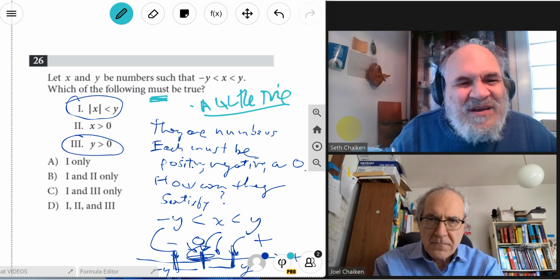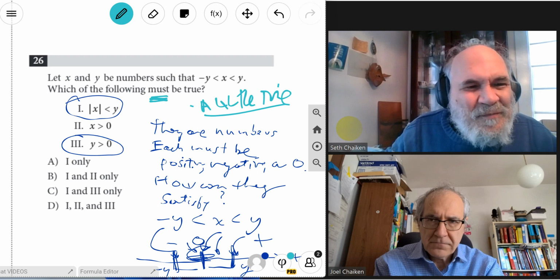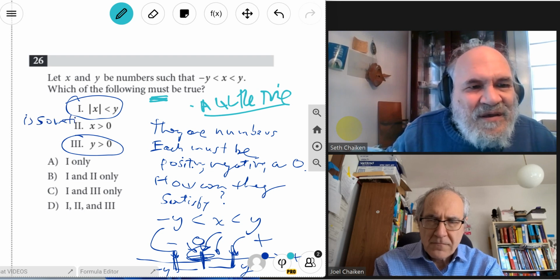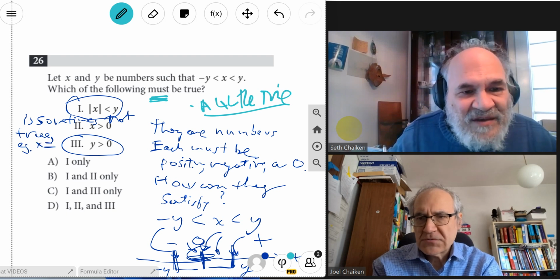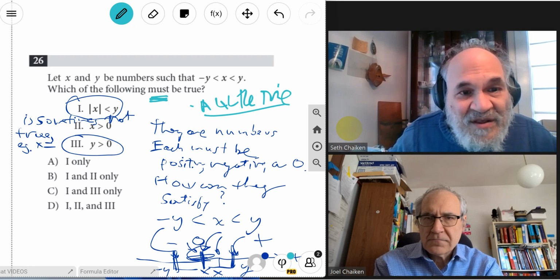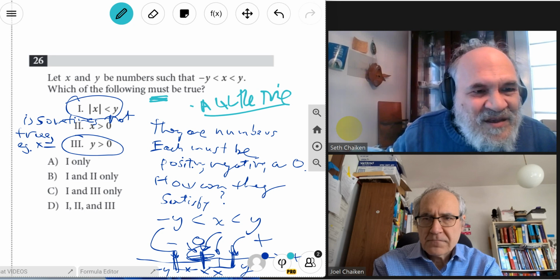This is sometimes not true. For example, x could be zero, or x could be negative.